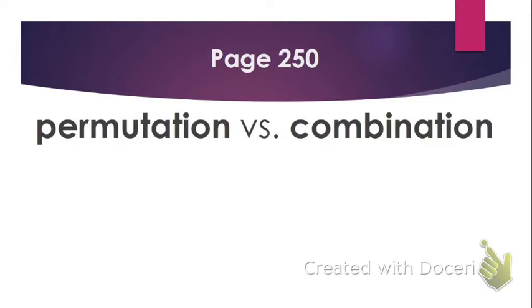We're going to talk about the difference between a permutation and a combination, and then we're going to practice identifying and calculating these. So in a permutation, order makes a difference. The order of selection makes a difference. So page 250 up at the top, underneath the word permutation.